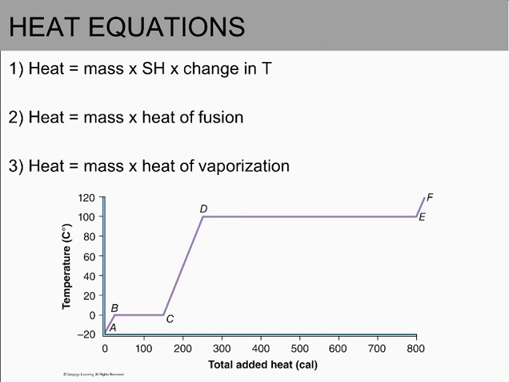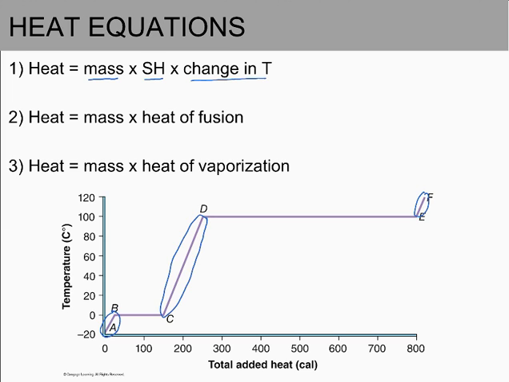The first equation tells us that heat is equal to the mass of the substance times the specific heat of the substance times the change in temperature of the substance. This equation can be applied to the first part of our chart where we're heating up ice, and also the second part where we're heating up a liquid, and then this third part where we're heating up a gas. So anywhere you see a temperature change, you can apply that first equation.